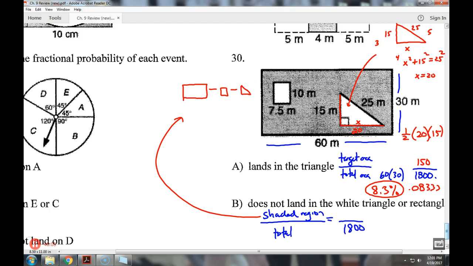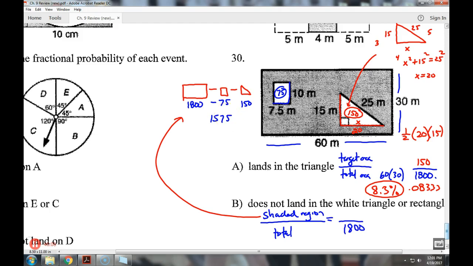And I have some of these numbers already. I have the big rectangle. We calculated the little triangle. That's 150. And luckily this one's not too hard. Base times height, that's 75. So remember this one over here was 150. So 1800 minus 75 minus 150 is 1575.